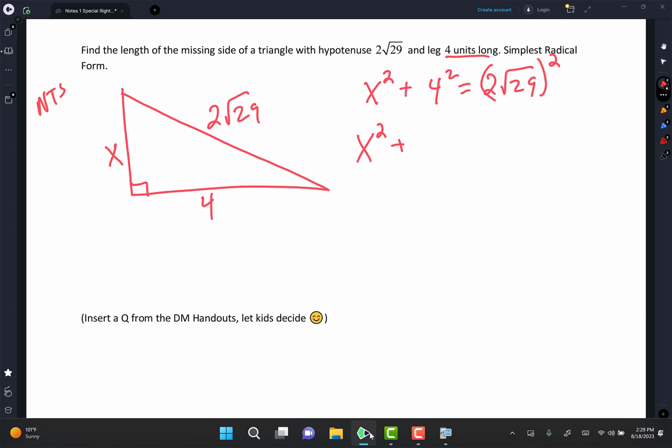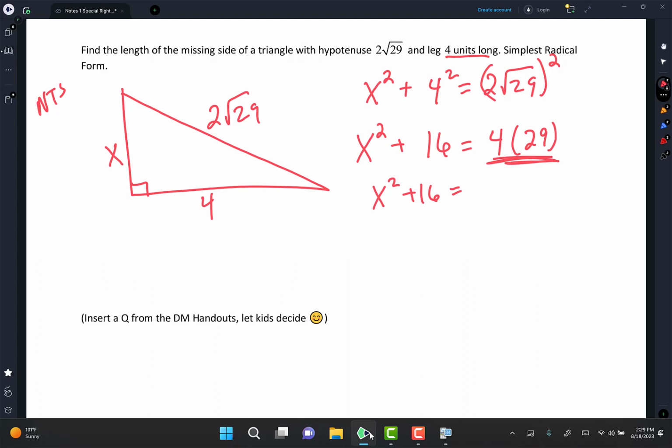X squared plus 4 squared is 16. And here's how you do it. 2 squared is 4. And square root of 29 squared is 29, because the square root, when I square it, goes away. Is everyone okay with that? Okay. I'm going to rewrite it again. X squared plus 16 equals, and I'm going to multiply that 4 and that 29.